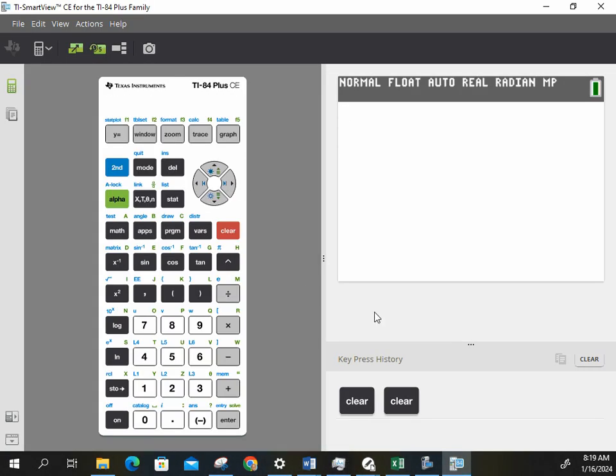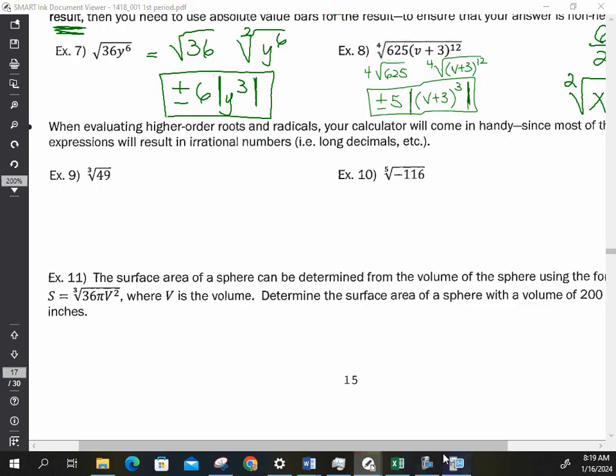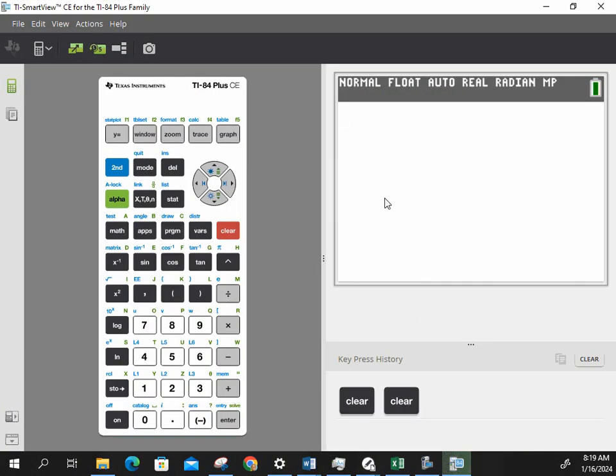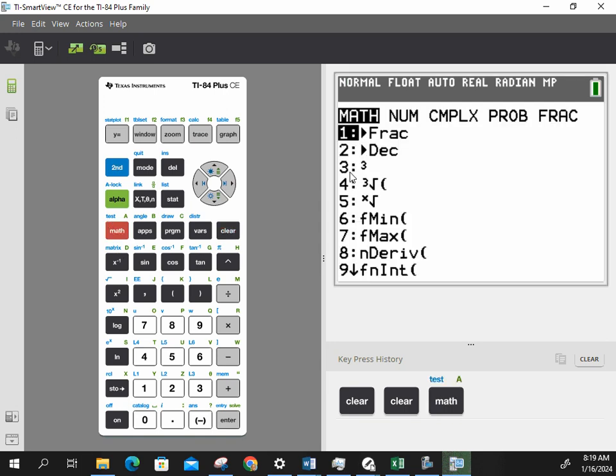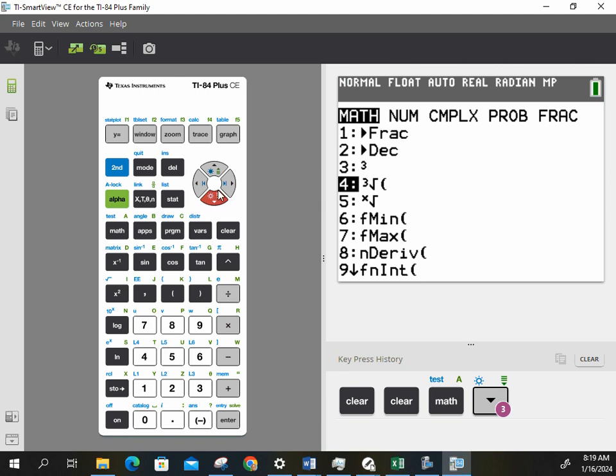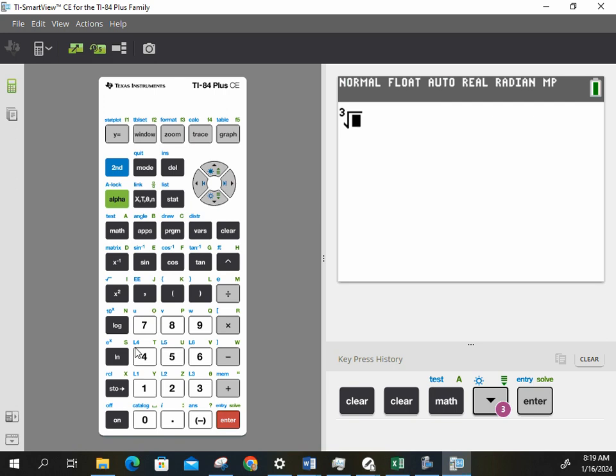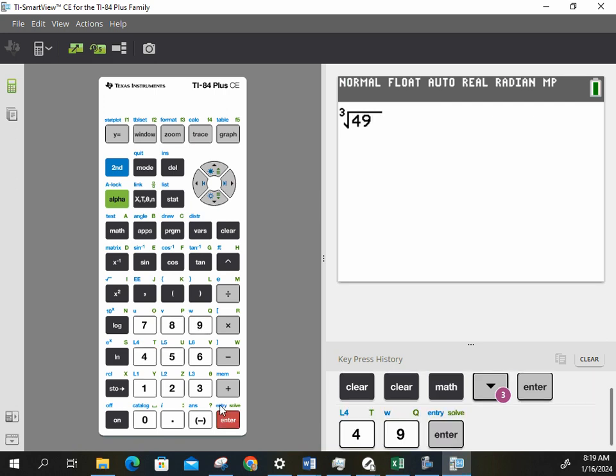We're doing the third root of 49. In a graphing calculator, go to Math. Notice that the fourth button down is for cube roots, third roots. So go ahead and press that. Type in your 49. There you go.